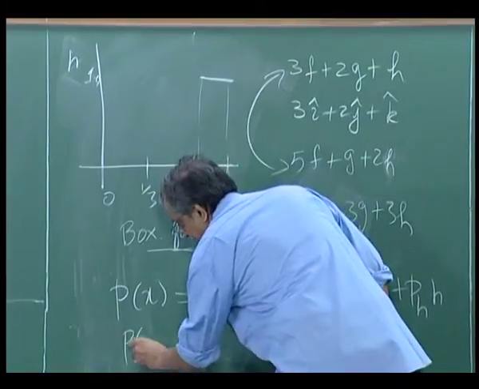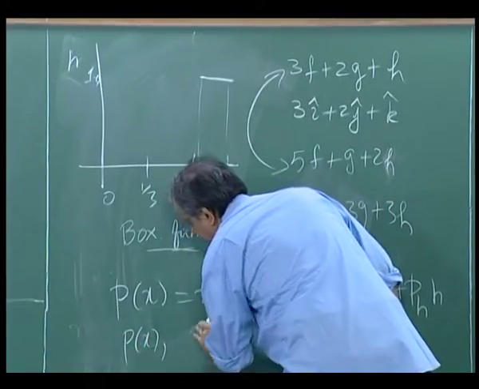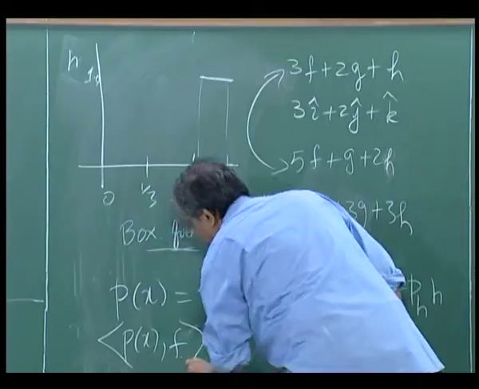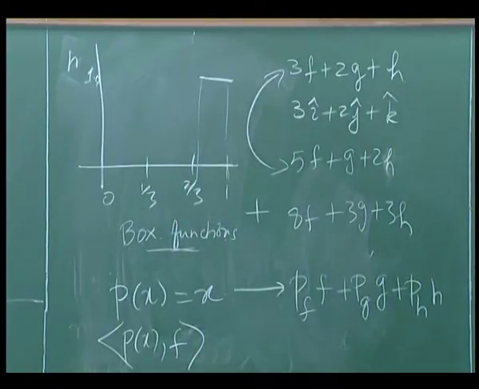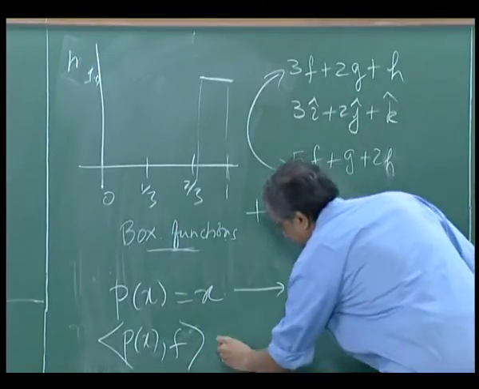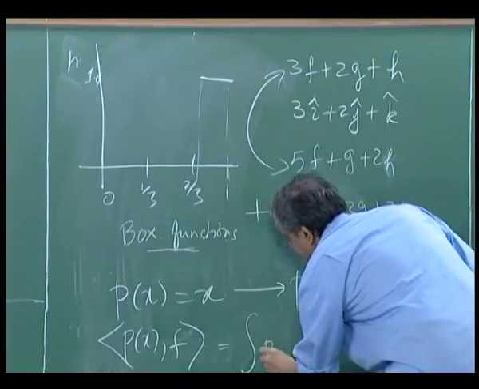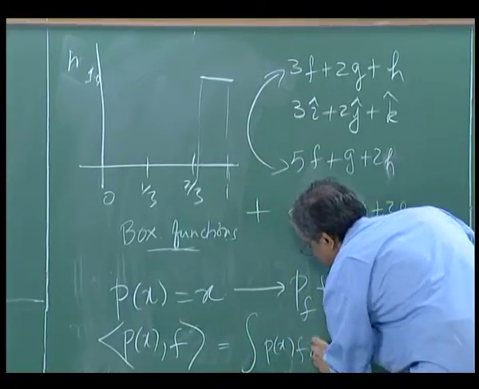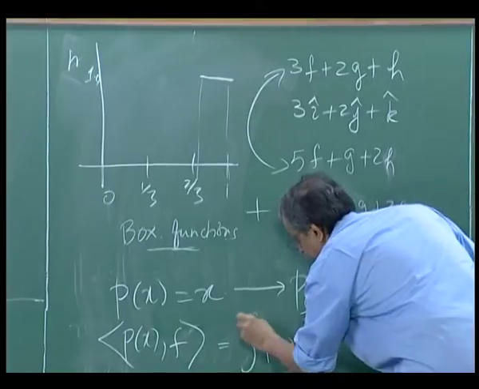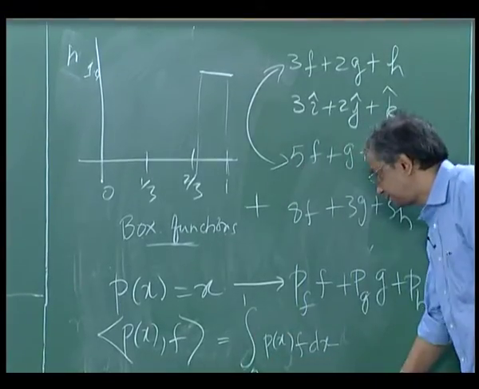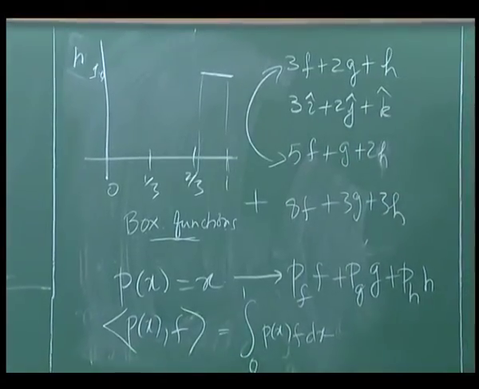So I ask the question, what is p of x comma f? What is this dot product? This is the integral of p of x f dx, integral 0 to 1, and we will just evaluate that.